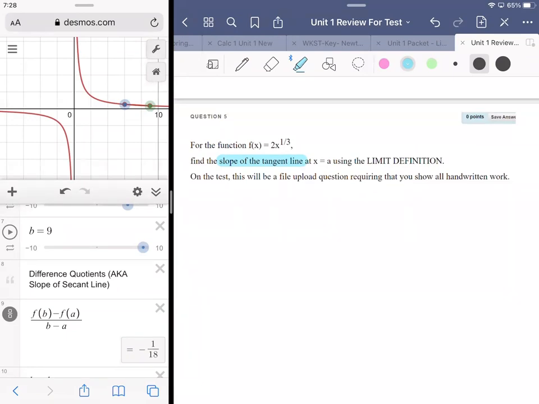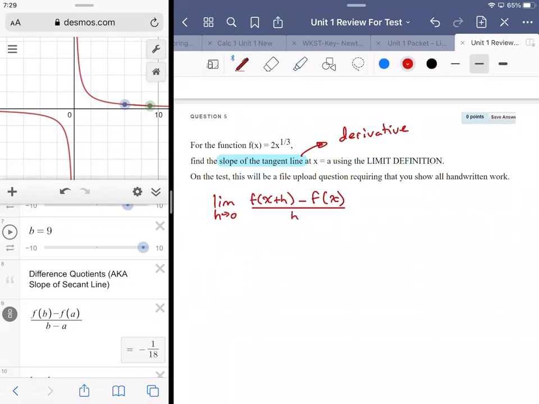So find the slope of the tangent line, another term for derivative, but using the limit definition. You can pick your poison over which form you want to use, but the one we were using in class was the limit as h approaches 0 of f of x plus h minus f of x, all over h.